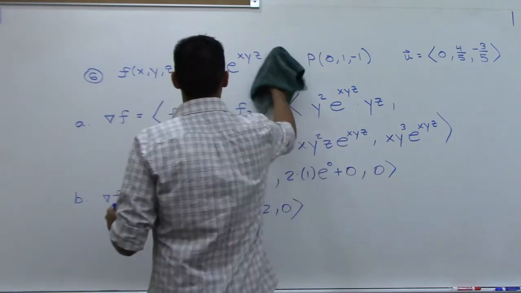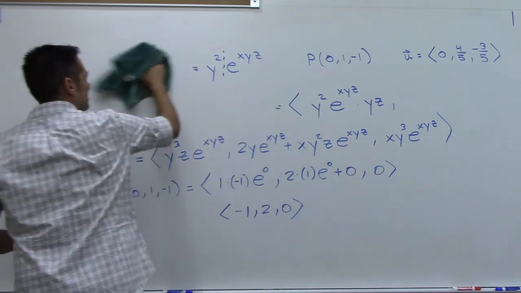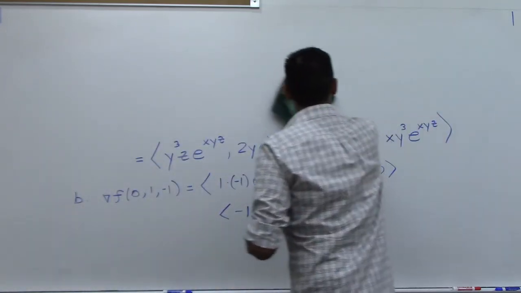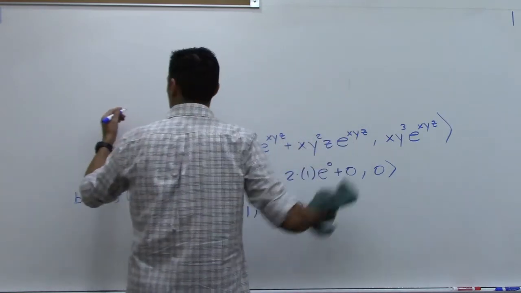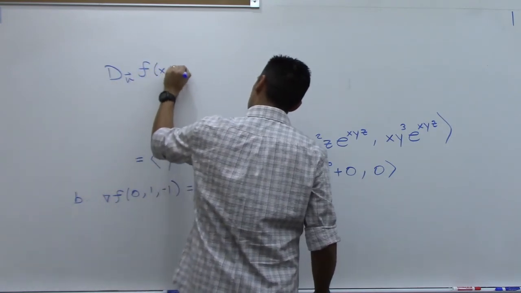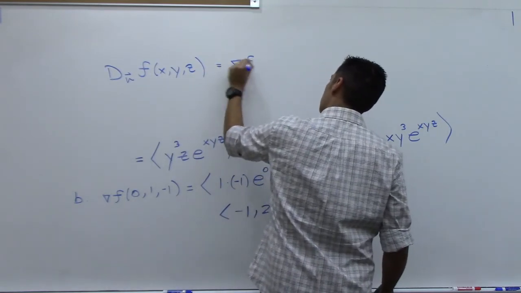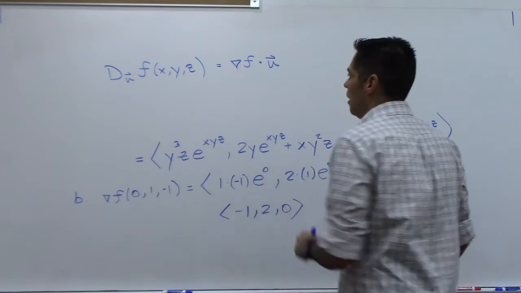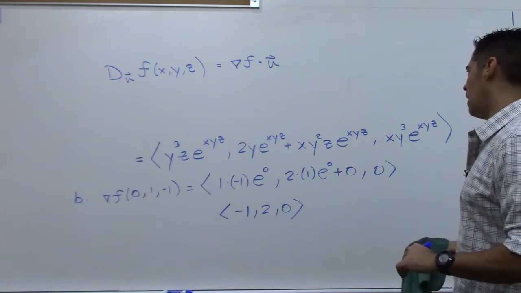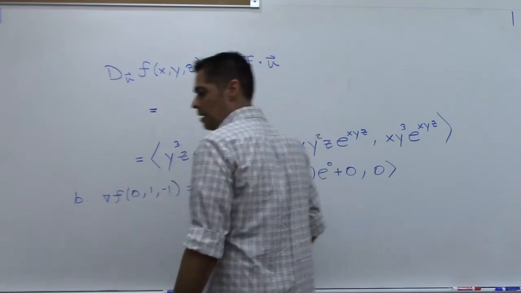The directional derivative in the direction of u of the function f of x, y, z should be equal to the gradient of f dotted with u. So it's this gradient vector dotted with the u vector, which I took the u off of here. I need to rewrite the darn thing.